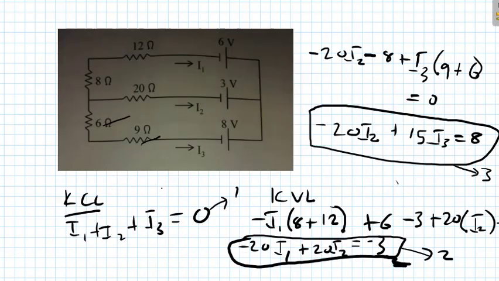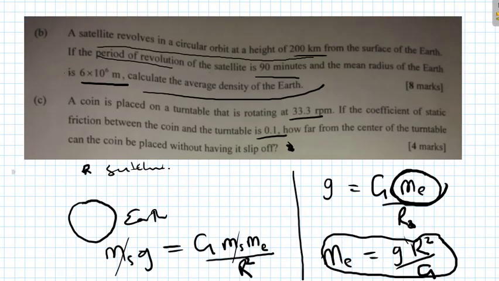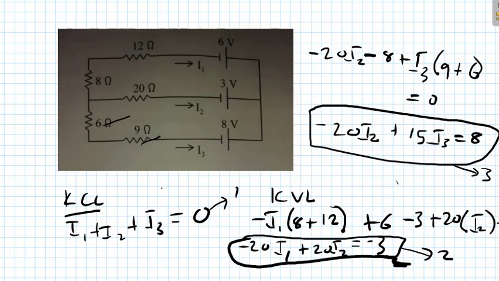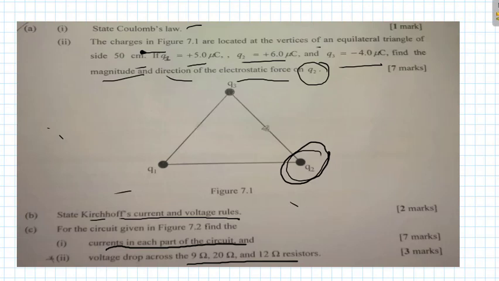And lastly, the question is asking us to find the voltage drop across the 9, 20 and the 12 ohm resistors.